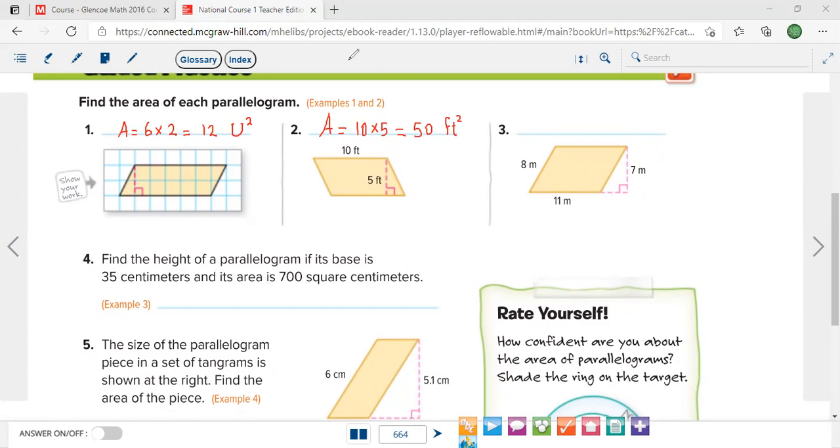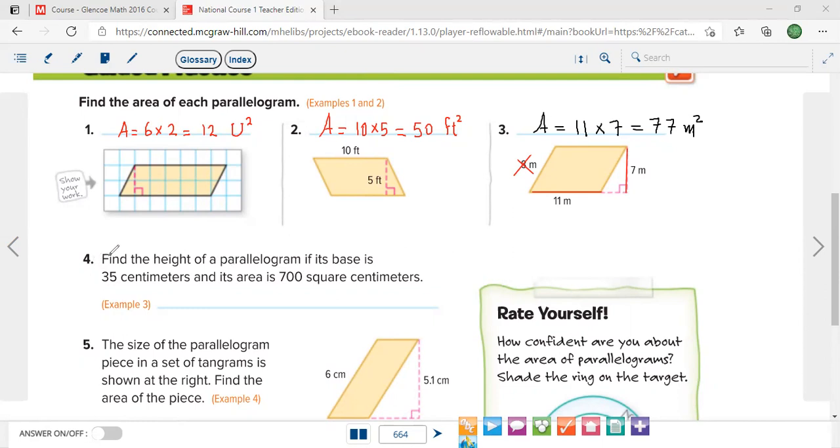Here, the base and the height. The base is 11, as you can see, and the height is 7 because they are perpendicular to each other. So we cancel the 8 because this is extra information. And we can say that area equals base times the height, which is 11 times 7, means 77 meters squared.